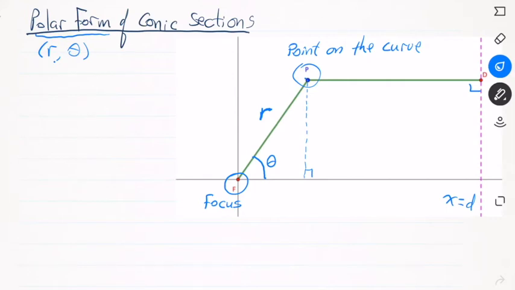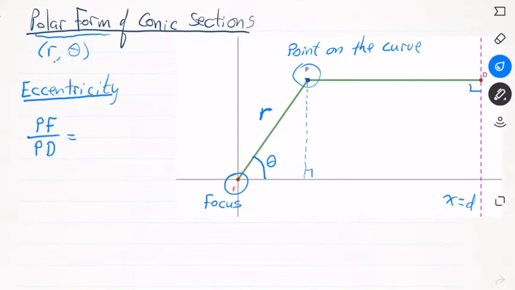So we're going to define this idea of eccentricity. This is going to be the one value that is going to determine if we're looking at an ellipse, a parabola, or a hyperbola. And it's set up as the point on the graph's distance to the focus, divided by the point on the graph's distance to the directrix.